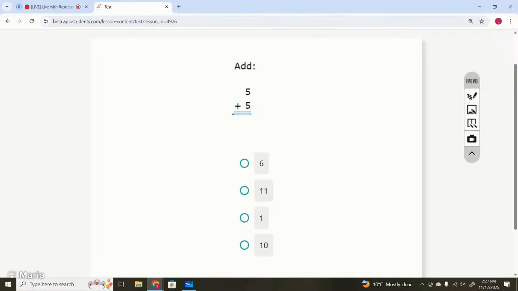5 plus 5. So which is the correct option? That is 10. 5 plus 5 makes 10.